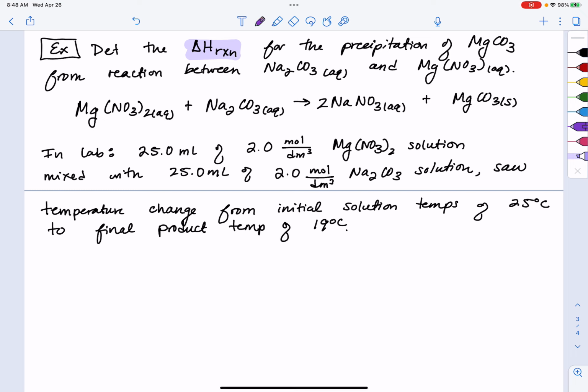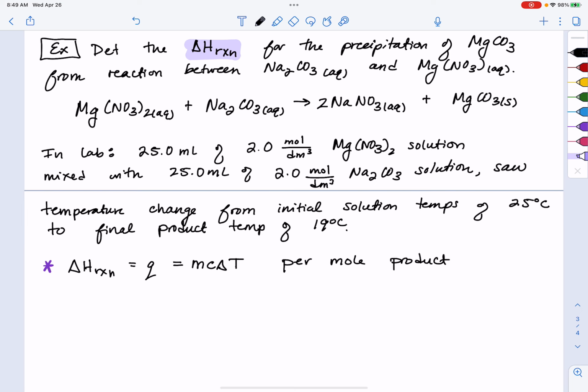And remember, the heat of reaction is typically the amount of heat that is exchanged from our system to its surroundings as a result of some chemical reaction occurring, expressed per mole of product.